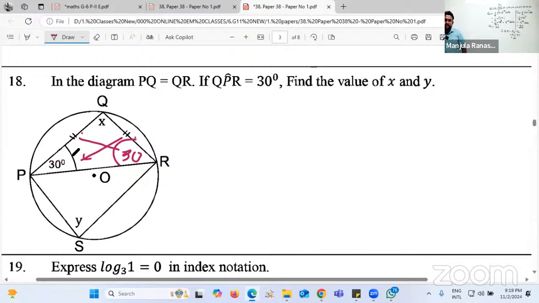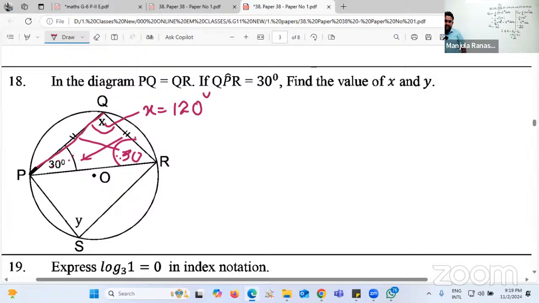Now you can write the step: X plus 30 plus 30 equals 180, because that is the interior angles of a triangle. Then 30 plus 30 is 60, so X should be 120. The balance is 120. So that is the answer. You have to write that step.